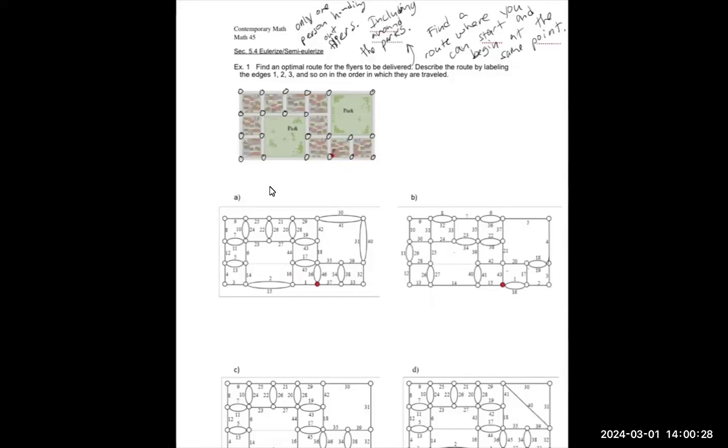All right. So that would mean that along the outside, we only have to go on that street one time because there's only one side of houses. And around the park, we only have to go around the park one time.